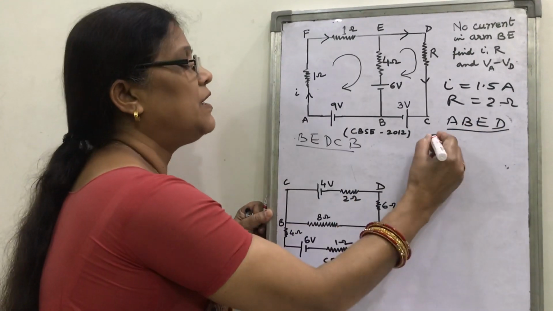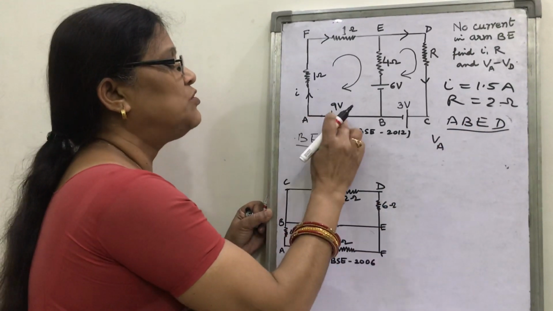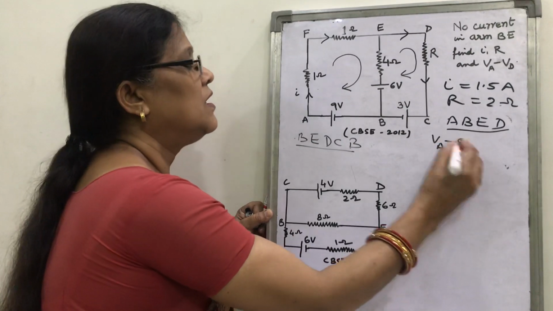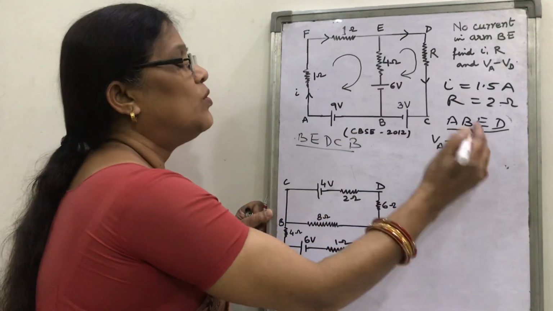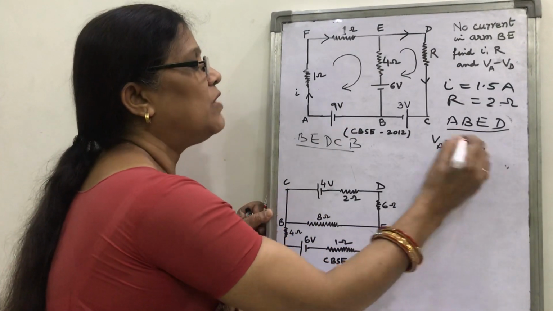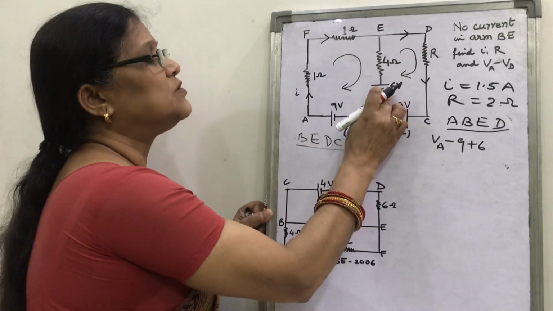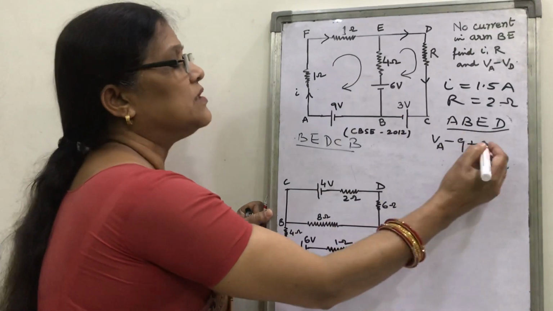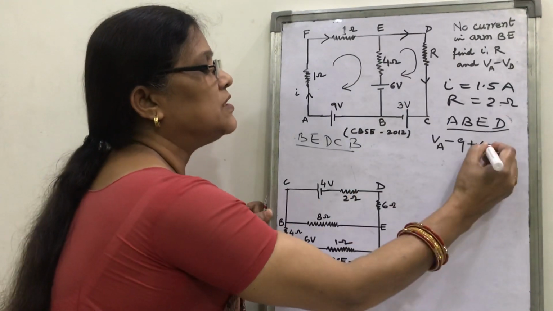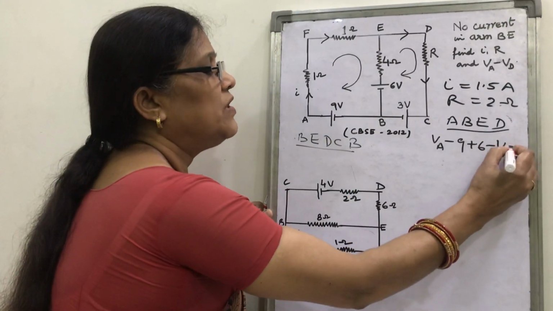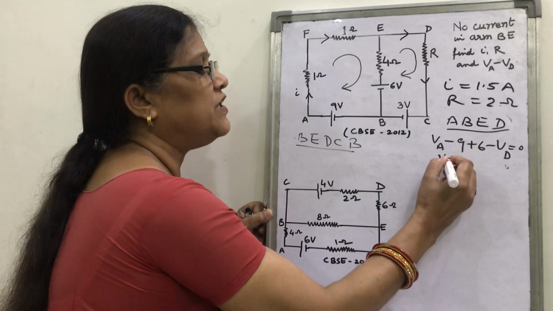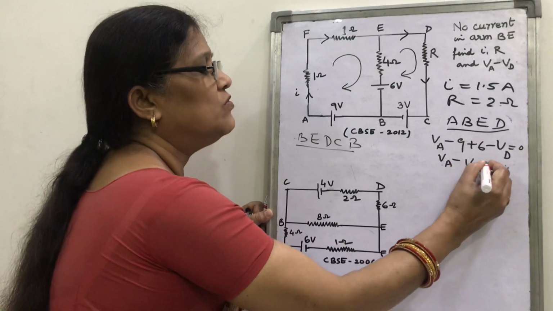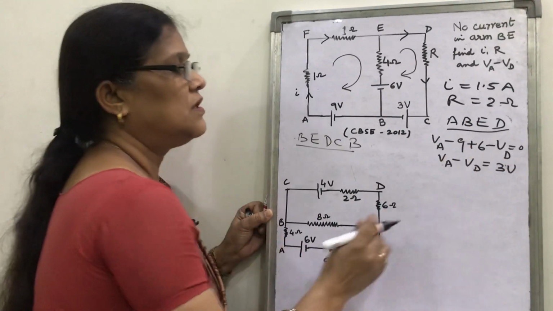You begin with VA, then plus 2 minus, so minus 9, then B to E only this plus 6. Why plus 6? Because this cell is in the circuit, no current through the 4 ohm, so you are going minus to plus terminal, and then minus VD. Again you will get what? This VA minus VD, and the same value. What is this? 3 volt.